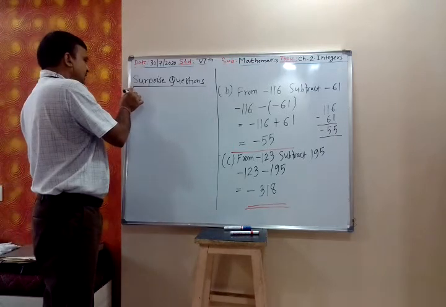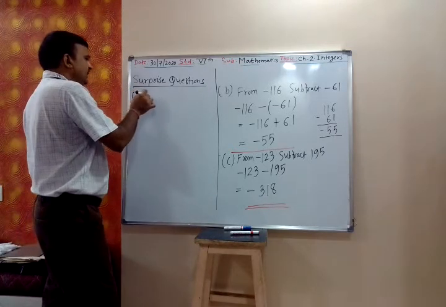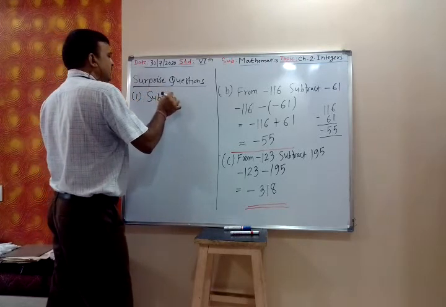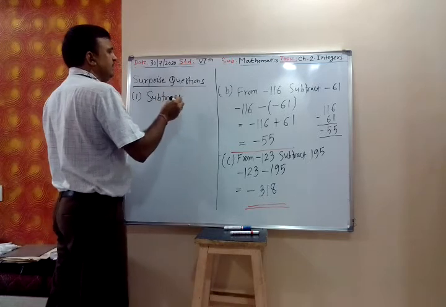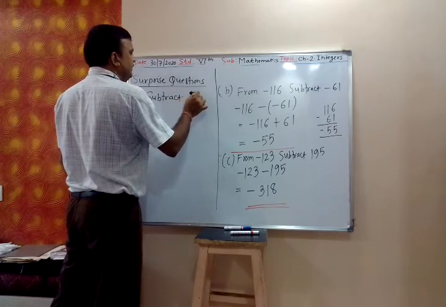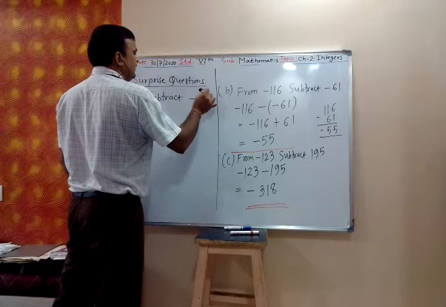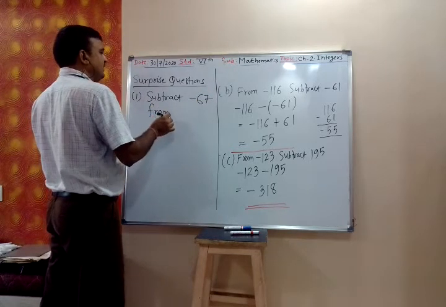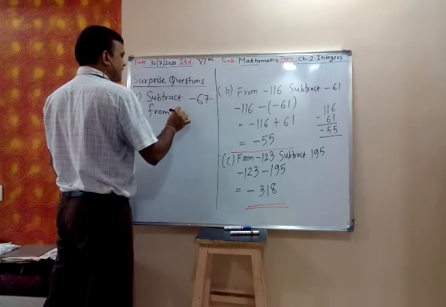We write: subtract minus 80, subtract minus 67 from minus 124.